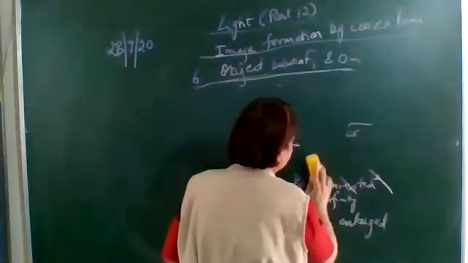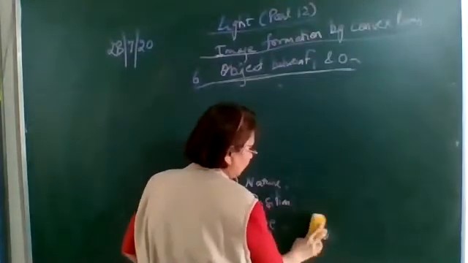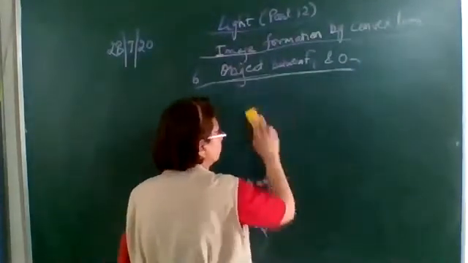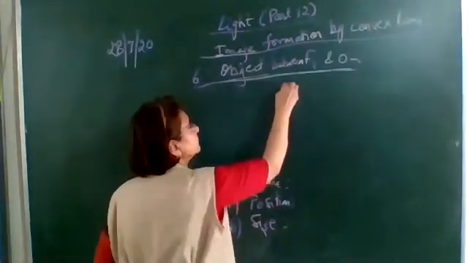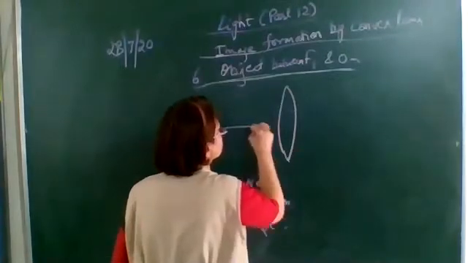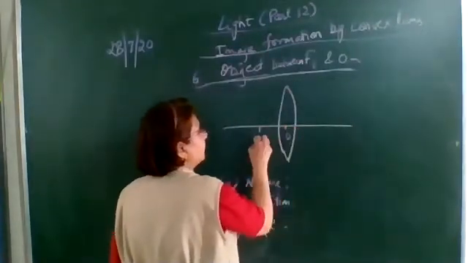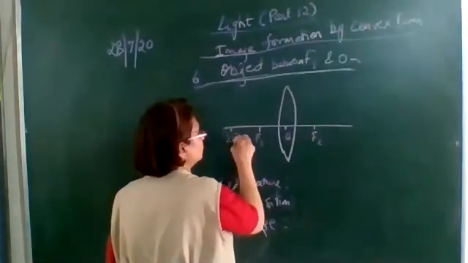Again we'll draw the ray diagram. Draw the convex lens. Mark the optical center. F1, F2, 2F1, 2F2.